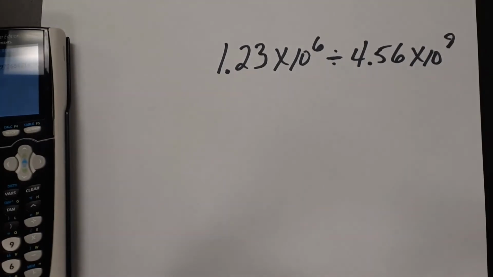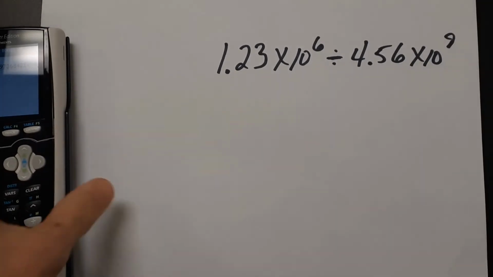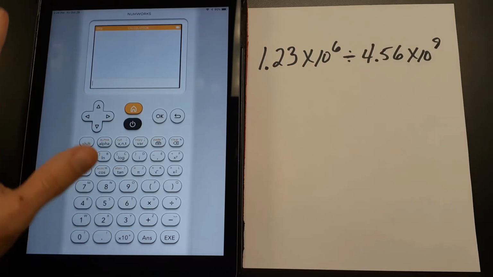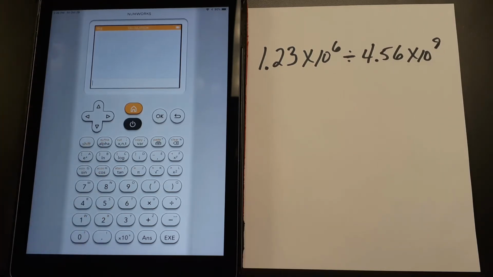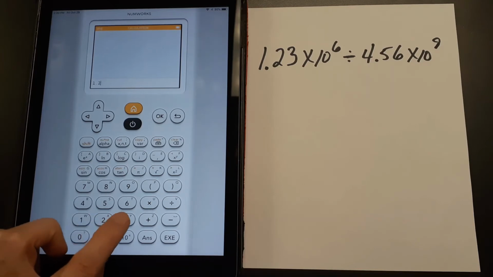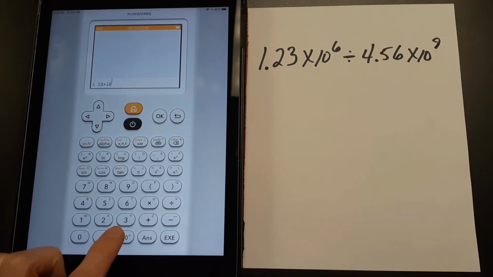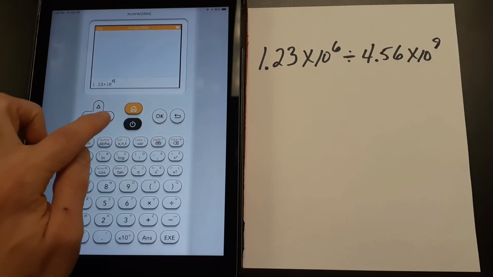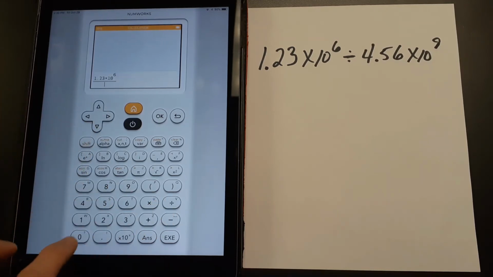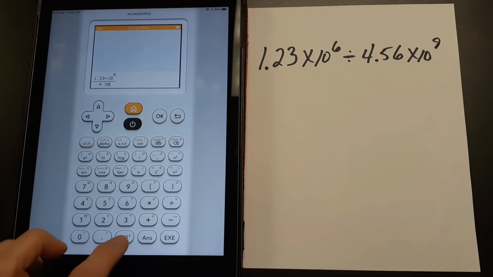Some calculators are going to say EXP. Here, I've switched calculators. I have an emulator on my iPad screen so I could find a calculator that would show it this way. Some calculators, instead of saying double E, have a button that says times 10 to the x power. So there you can do 1.23 times 10 to the 6th power divided by 4.56 times 10 to the 9th power.